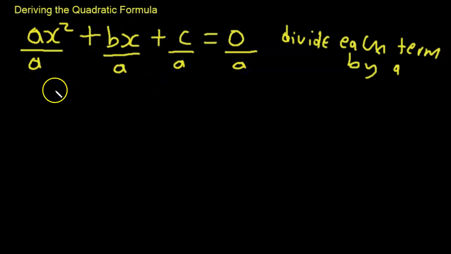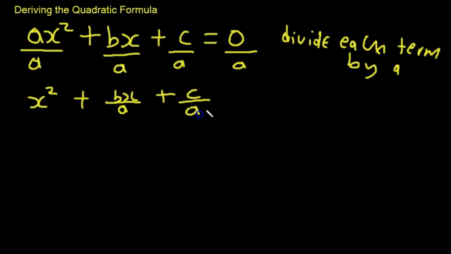Into a, that's 1, so we have 1x squared, or just x squared, which is what I wanted. And we have bx over a, c over a, and 0 divided by any non-zero number, which is what we assume a to be, gives us 0.